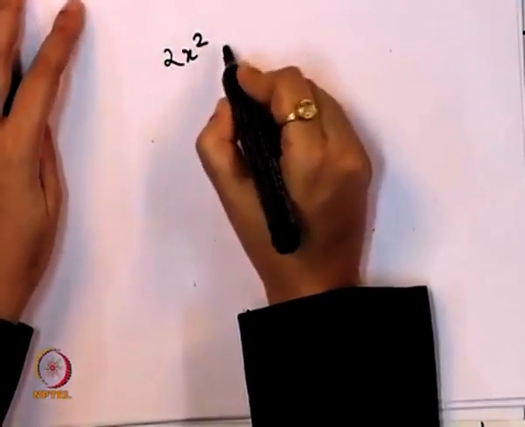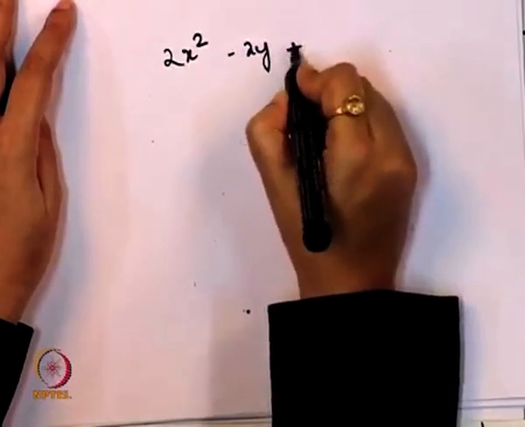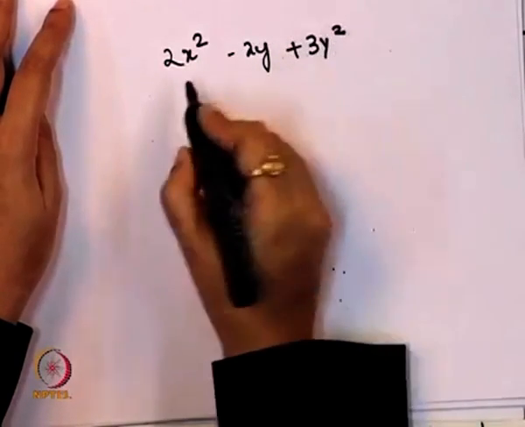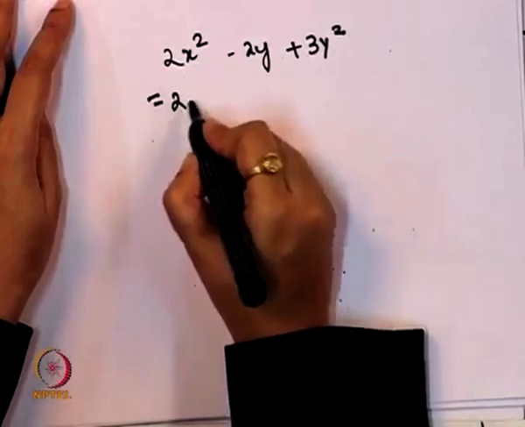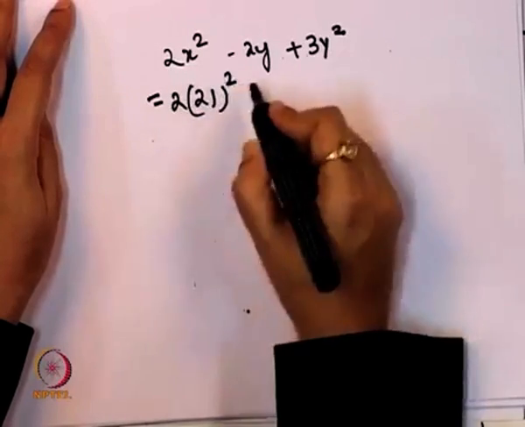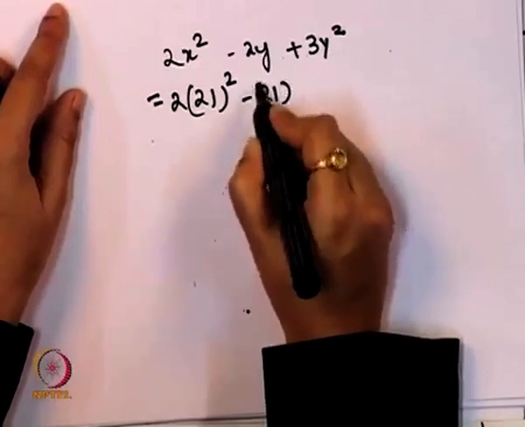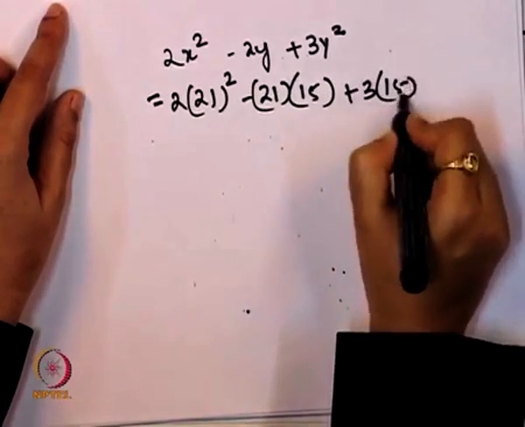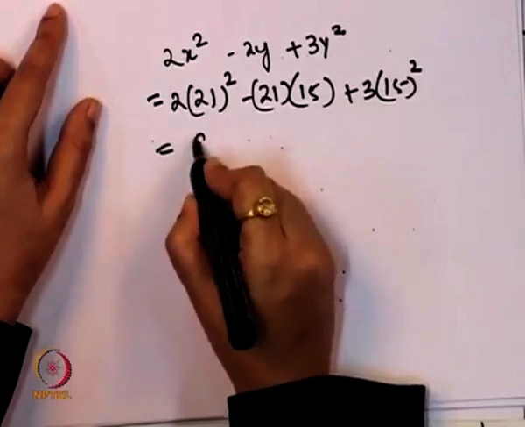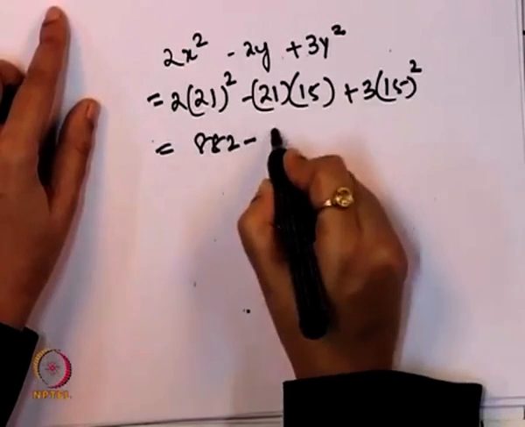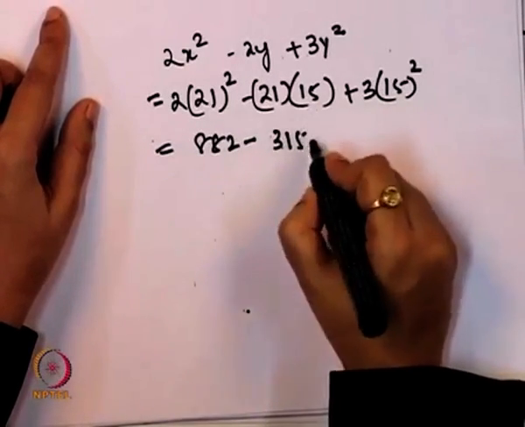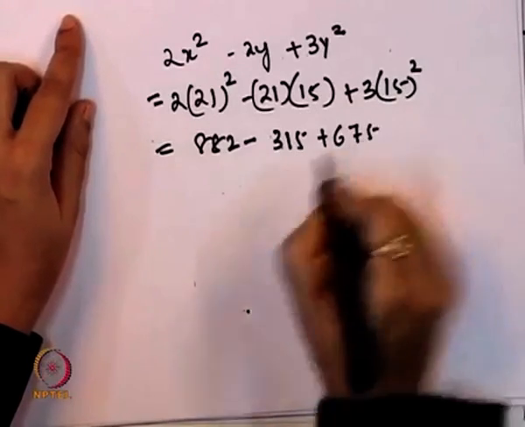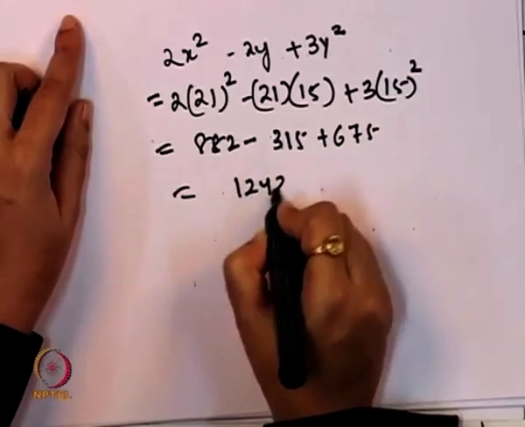The cost equation is 2x square minus xy plus 3y square. So putting x equal to 21 and y equal to 15, this comes to 882 minus 315 plus 675, which is equal to 1242.